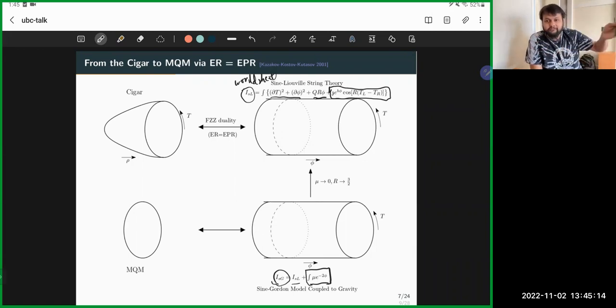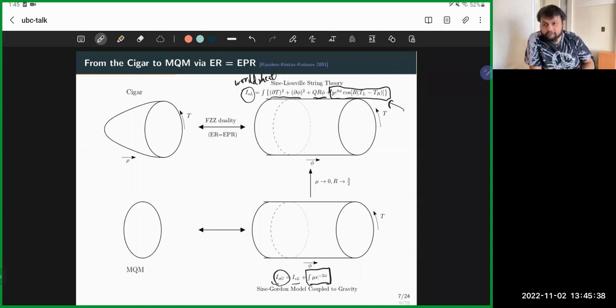It's just in the spatial direction there's a wall, and it's got a parameter mu. So when you go to sine-Liouville, mu is sent to 0, and this other term is what's going to protect you from the instability. So there's a real non-trivial difference between the two. And the sine-Gordon model is dual to matrix quantum mechanics.